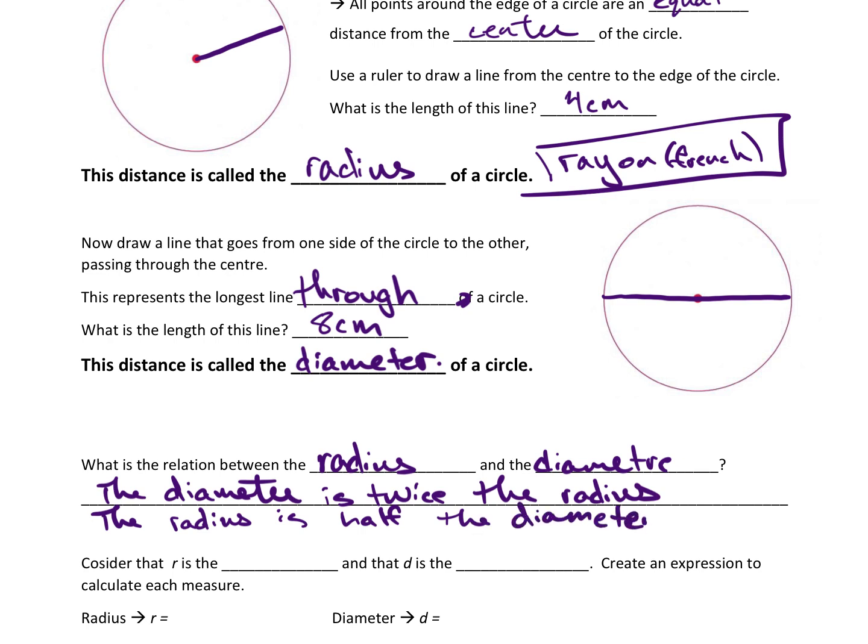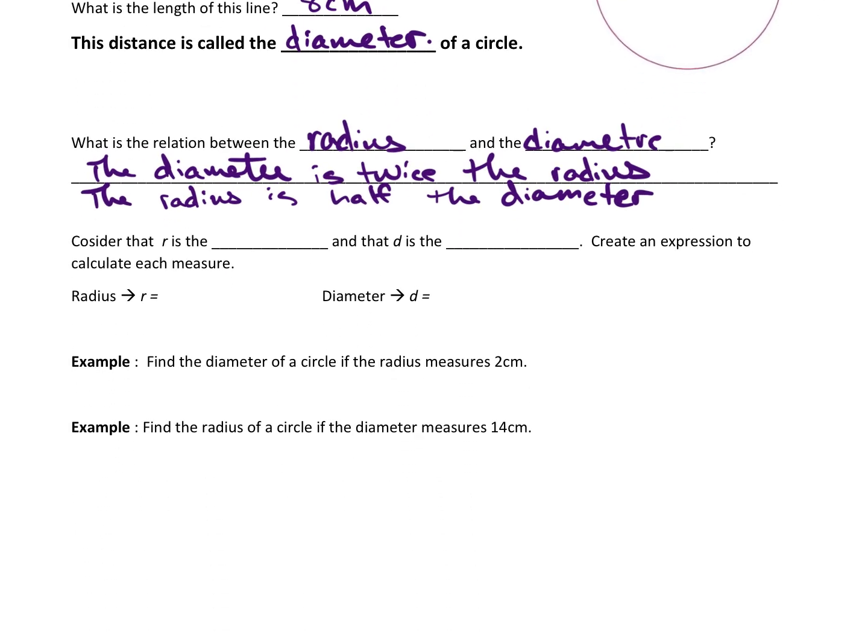So if we consider that r is the radius and d is the diameter, create an expression to calculate each measure. Radius is r equals d divided by 2, since the radius is half of the diameter, and the diameter is equal to twice the radius, so 2r.